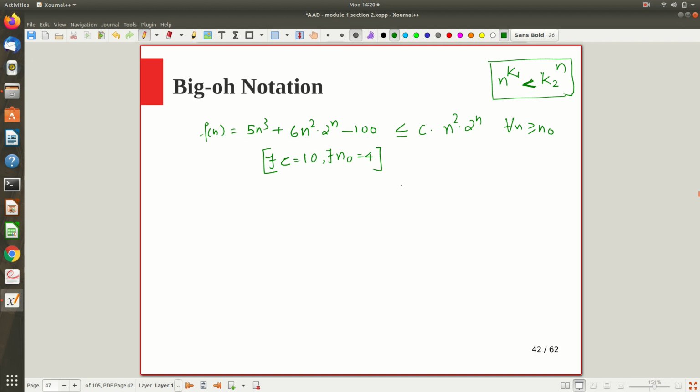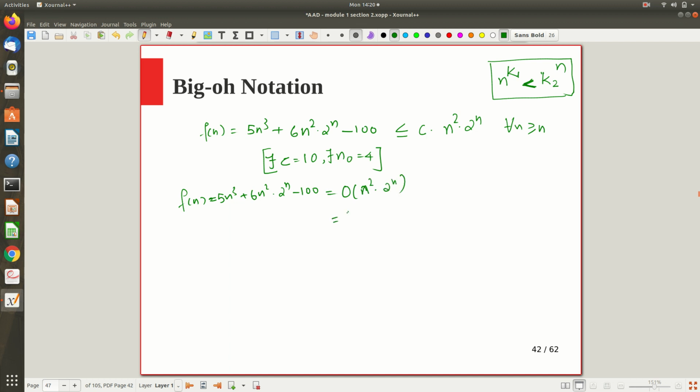So that is enough. Now you can see that the same quantity, because of this you can say that your f of n, that is 5n cube plus 6n square plus 6n square into 2 power n minus 100, is some big O of n square into 2 power n, right?